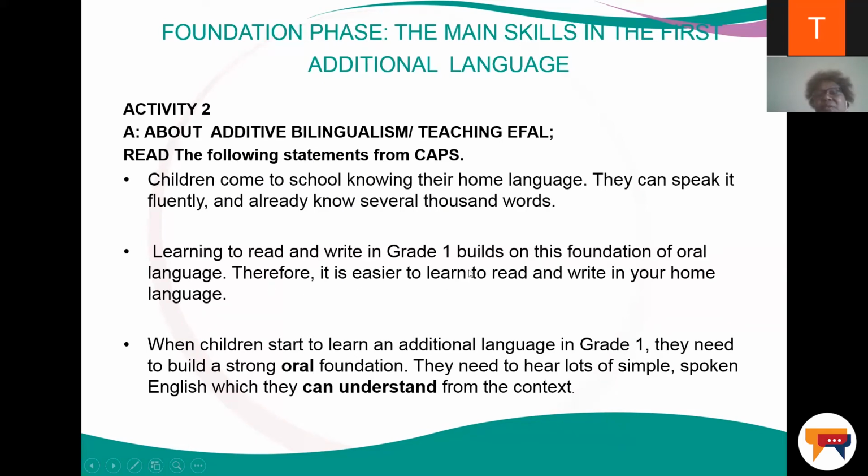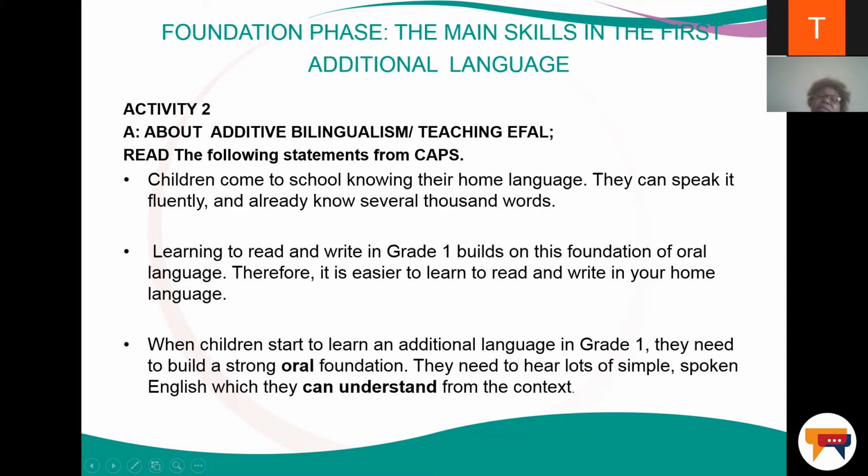Therefore, it is easier to learn to read and write in your home language. When children start to learn an additional language in grade 1, they need to build on a strong oral foundation. They need to be introduced to lots of simple spoken English, which they can understand from the context. It's very important for you to understand this.